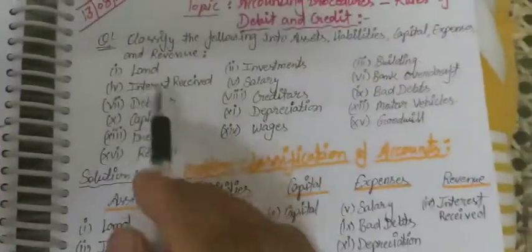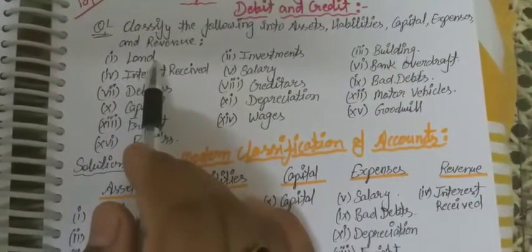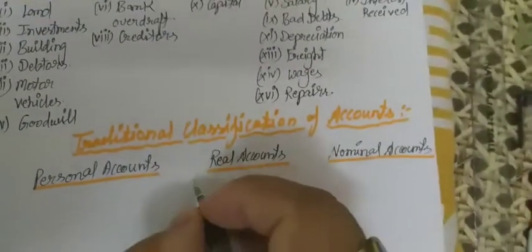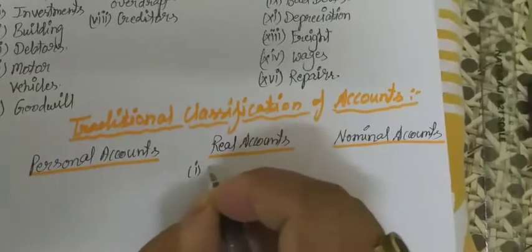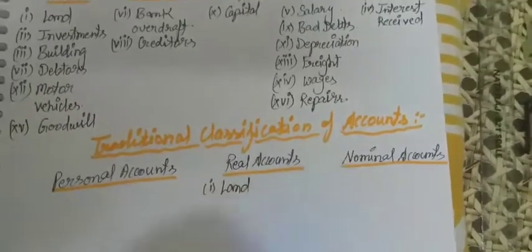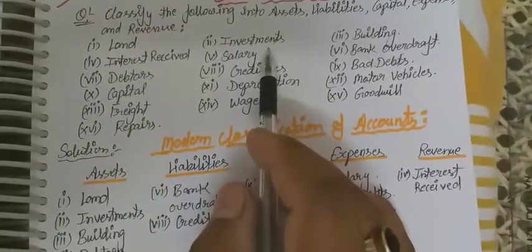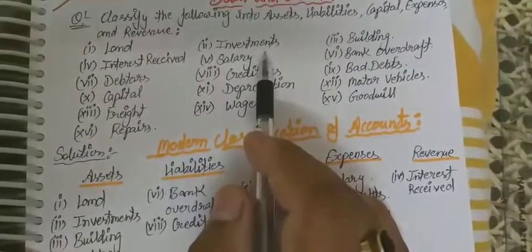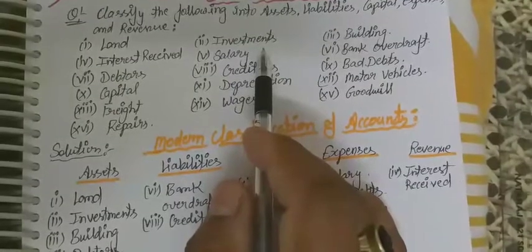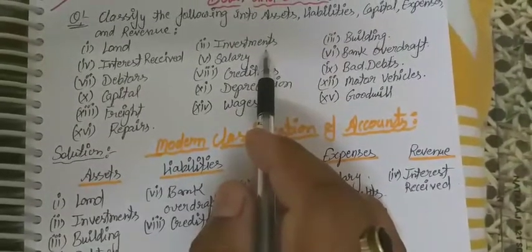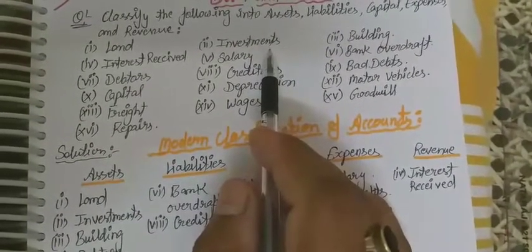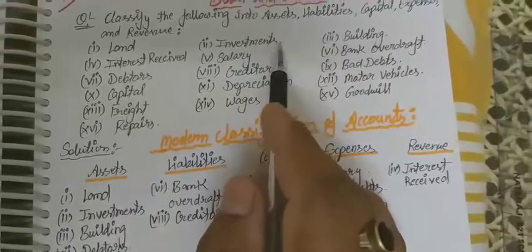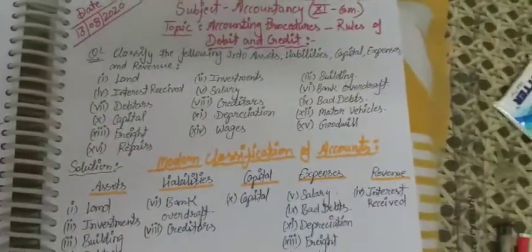So first one is land. Land is an asset, and assets come under the real account. So we will write here, real account, land. And next one is investments. Investments are also assets, and if it is assets, then it will come under real account.